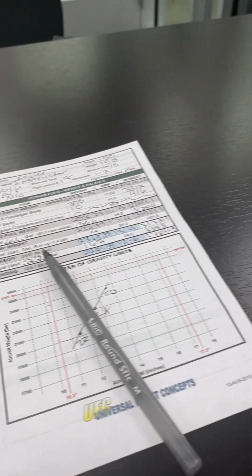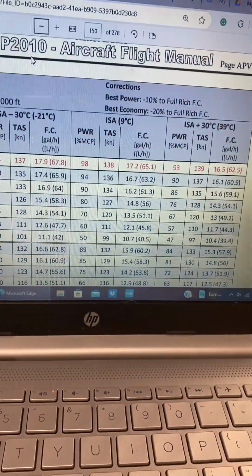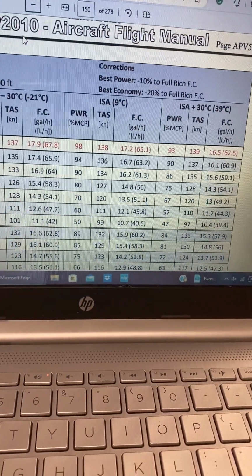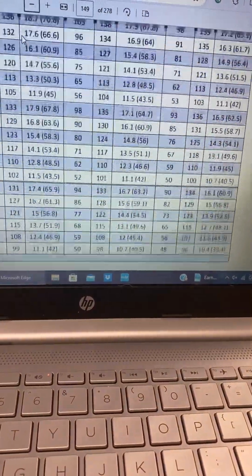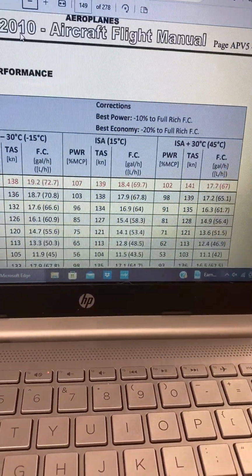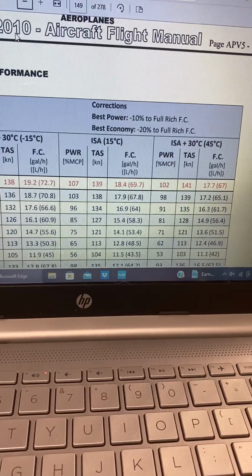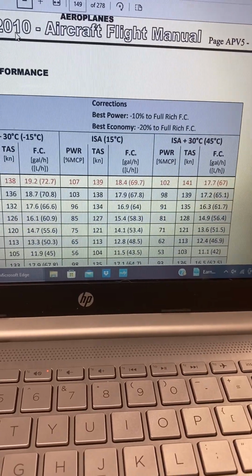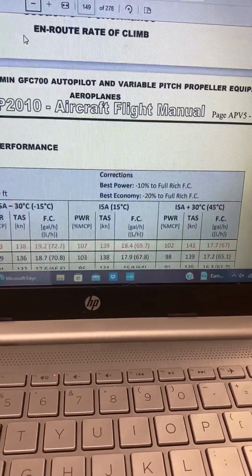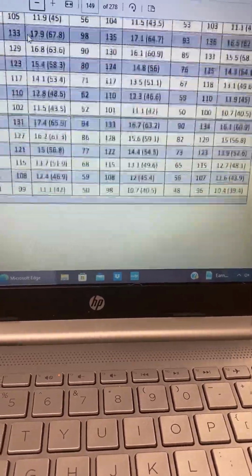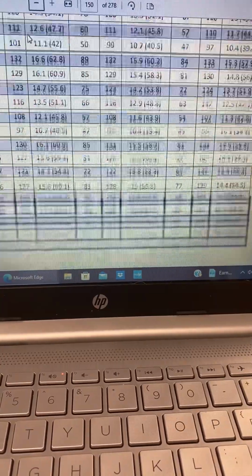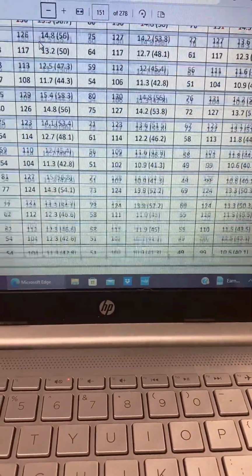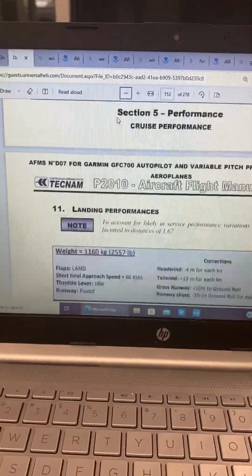So we're going to go back to our charts again. This is our cruise performance. We're going to go to our landing performance, okay? Not it. We're going to keep scrolling down.